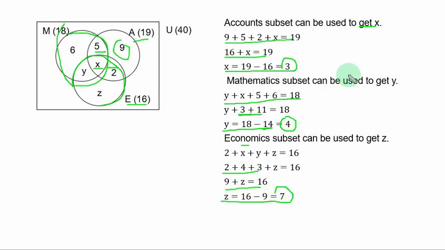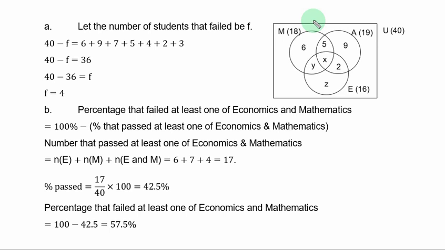Now we have the complete Venn diagram. A part of the question, we have to find the number of students that failed all 3 subjects. From the information, we know those that passed all 3 subjects.